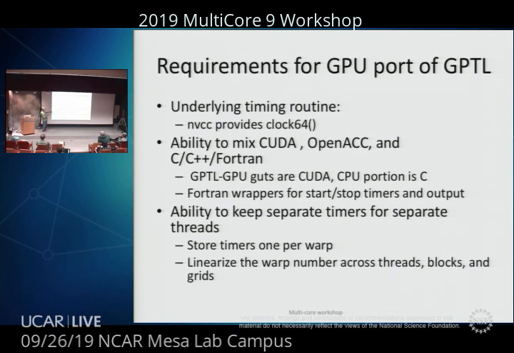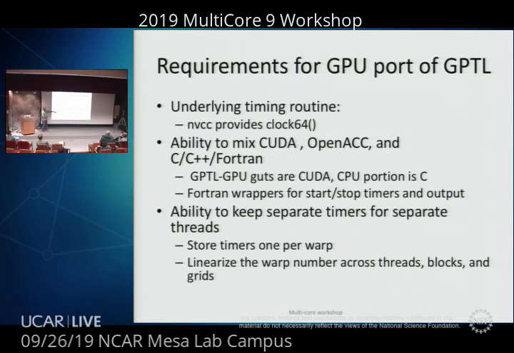Let's see. Yeah, and I mentioned store the timers once per warp. There's no point in doing this once per thread because a warp is essentially like a vector on a CPU, where all of the little individual itty-bitty CPUs in a warp are going to finish the warp calculation at the same time, so there's no point in timing each individual thread.